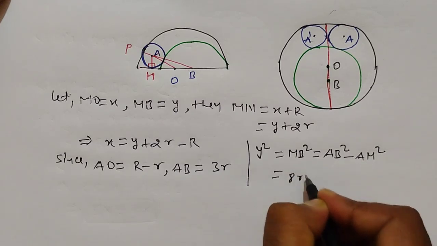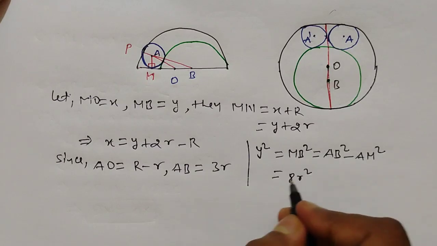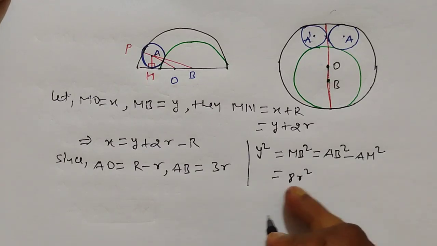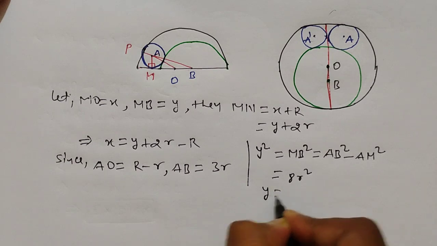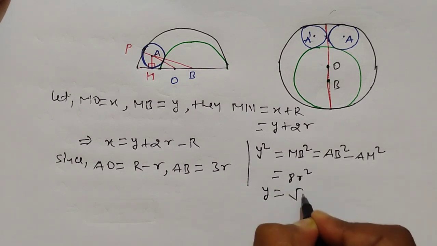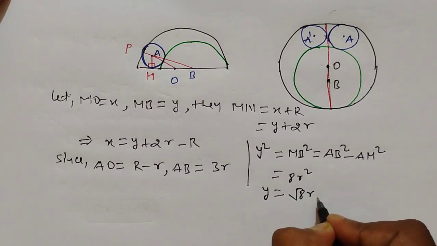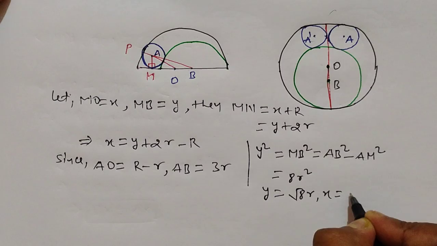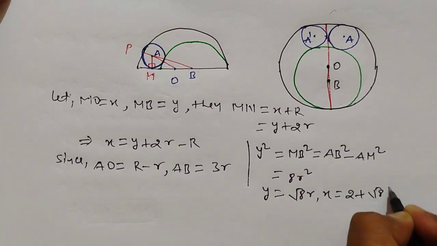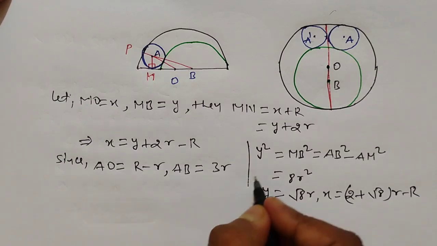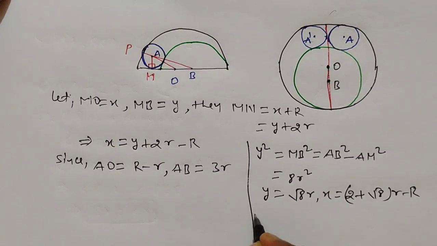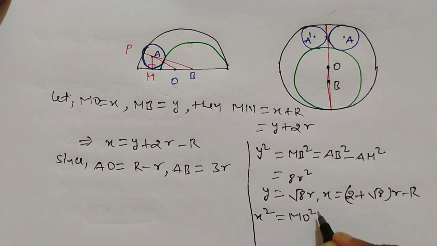This is equal to 8r squared, the value of y squared, and now we can use y as square root of 8 times r, and this is like x is equal to 2 plus square root of 8 into r minus capital R, and the same way we can find x squared is equal to MO squared.